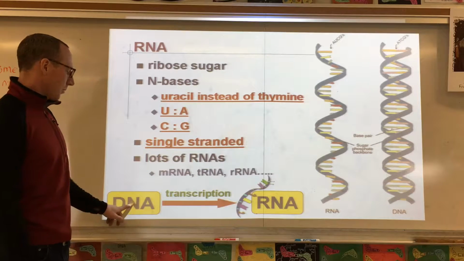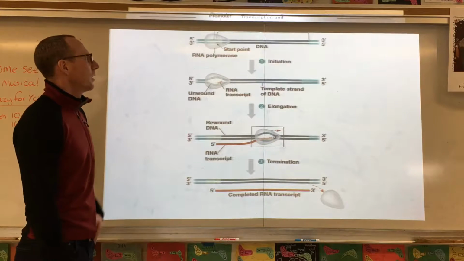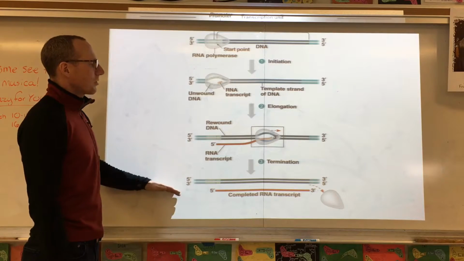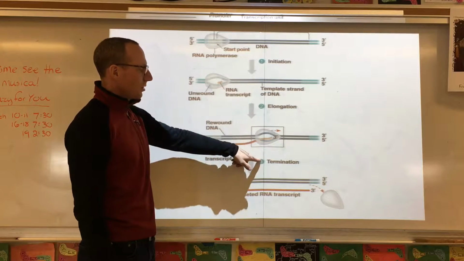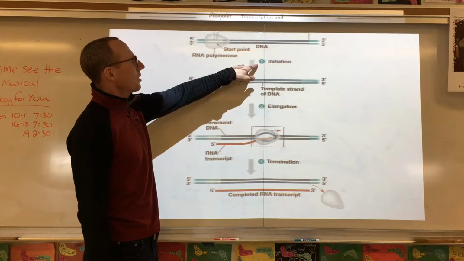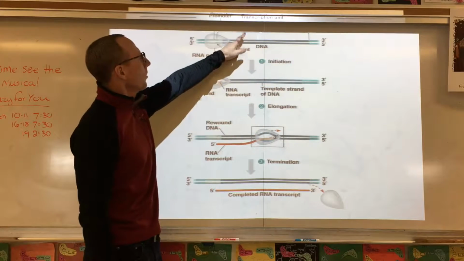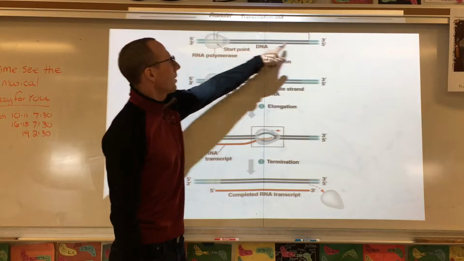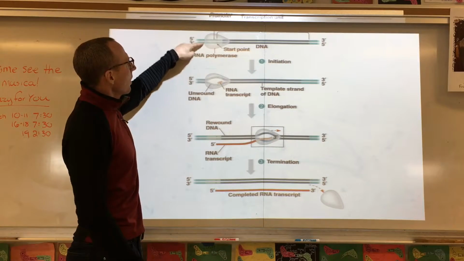Okay? So right now we're going from DNA to RNA. Again, the process is called transcription. So let's take a look at transcription, various stages. We have initiation, elongation, and termination. Taking a look at initiation, on the double-stranded DNA, we have this transcription unit from here to here, also called a gene. And then we have RNA polymerase.